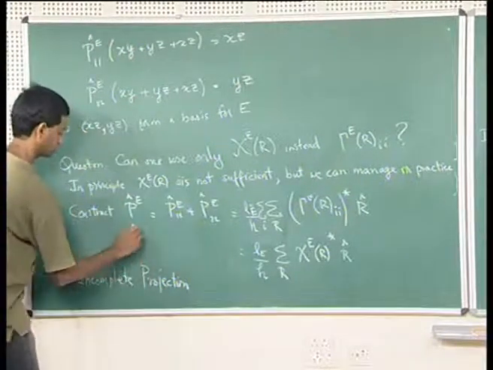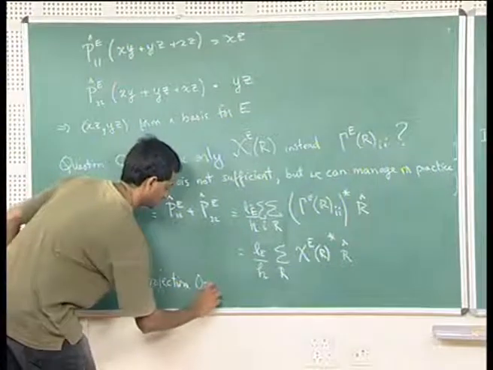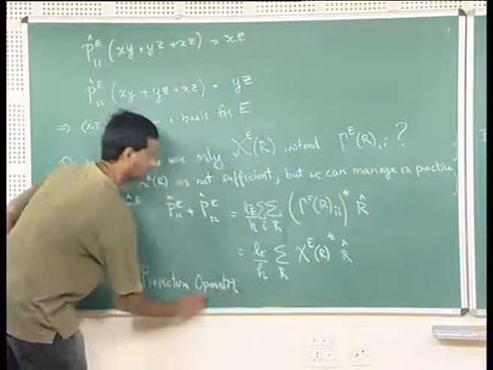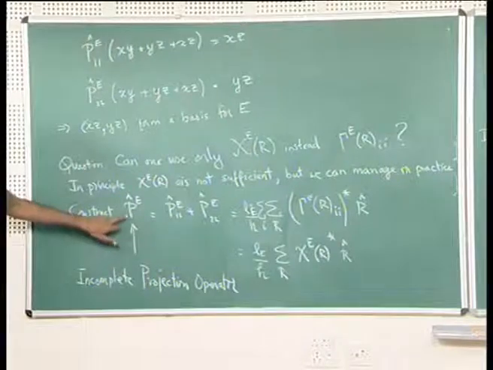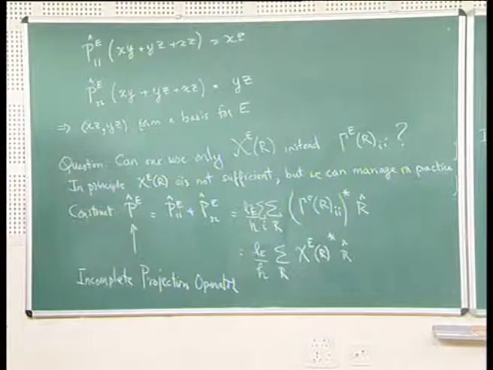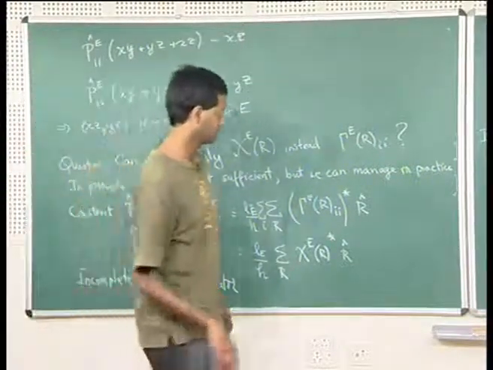This quantity is called the incomplete projection operator. And using the incomplete projection operator, can we construct a suitable basis? The answer is that in some cases yes, you can.